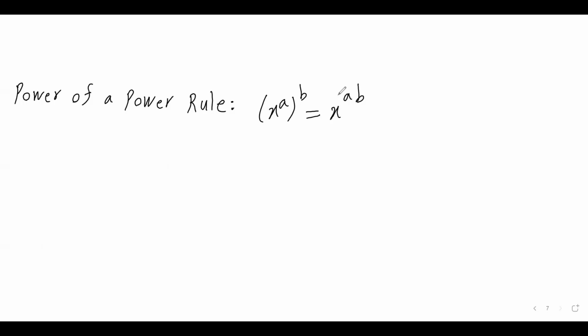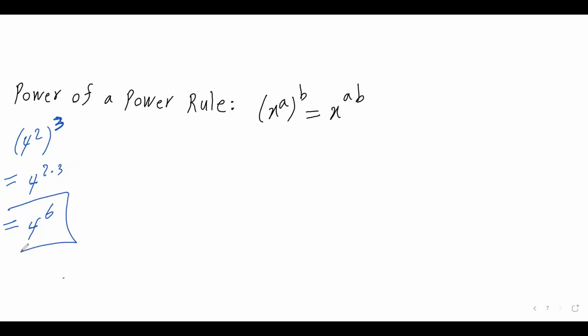Let's do examples. Let's say I have 4 to the power of 2, all to the power of 3. So this equals, I write down the base right over here, and then I can multiply the exponents, 2 times 3. So this equals 4 to the power of 2 times 3, which is 6.